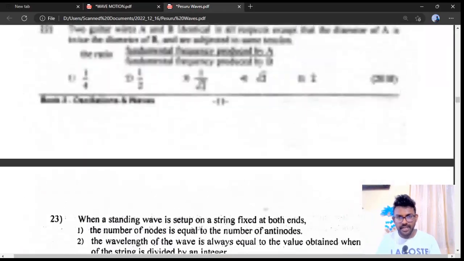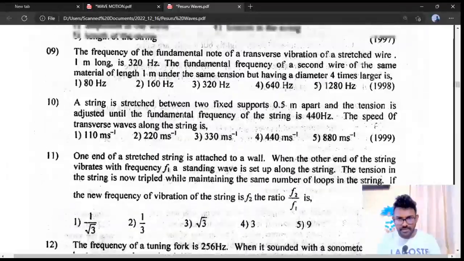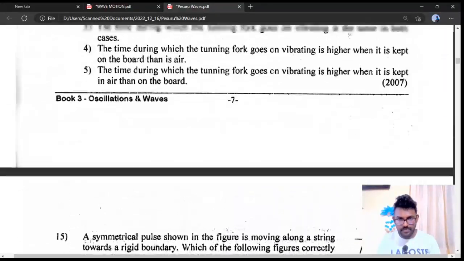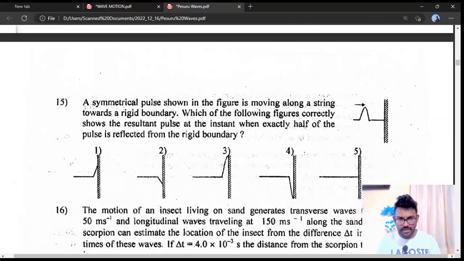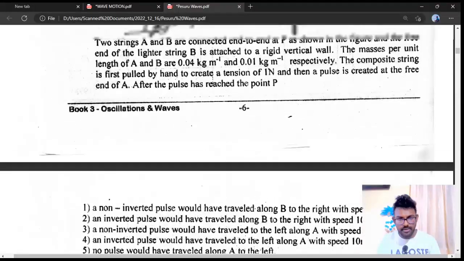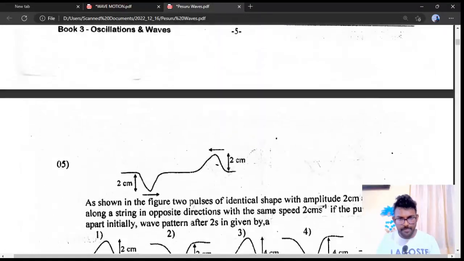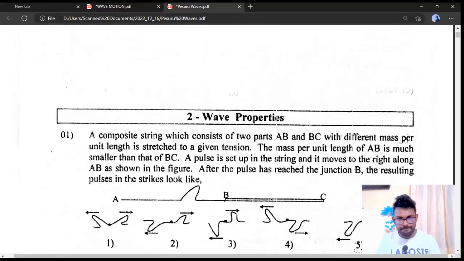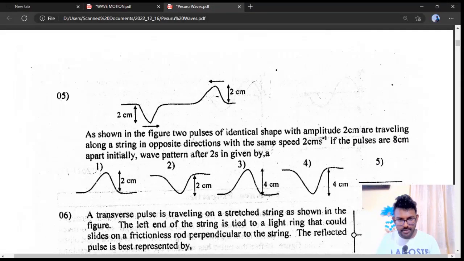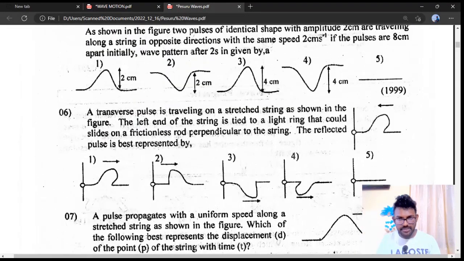Okay, with that knowledge we can do a past paper question. So currently we can just go to this one. You can do a couple of questions here. Let me first consider this one, the sixth question from 2000.